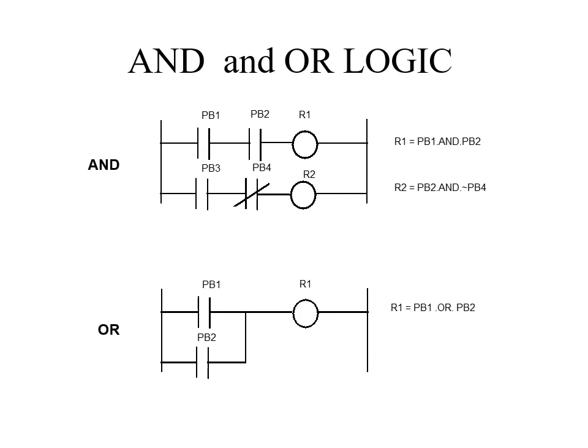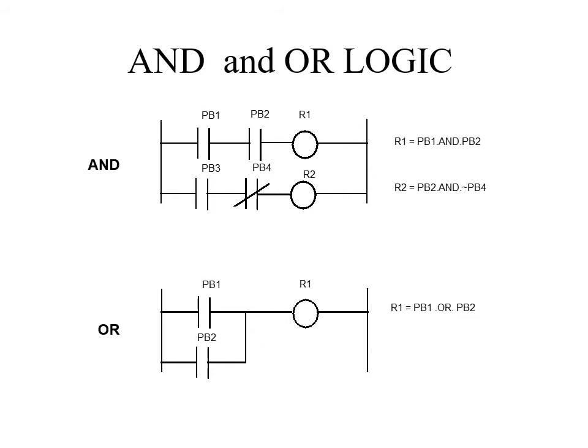Now for the AND logic, in the first image, we can see PB1 and PB2 are connected in series with R1. So in order to turn R1 on, we have to turn on both PB1 and PB2.